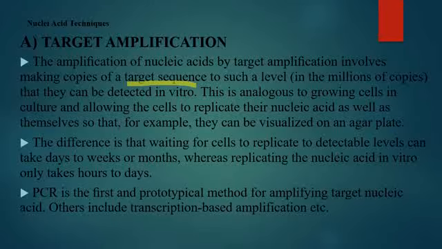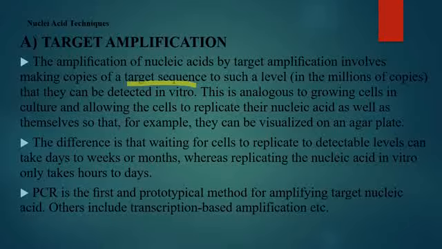So you have a particular target that you want to multiply to such a level as being in millions of copies and making it possible to detect them in vitro. Now, this is analogous to growing cells in culture and allowing the cells to replicate their nucleic acid as well as themselves, so that you can visualize it on an agar.